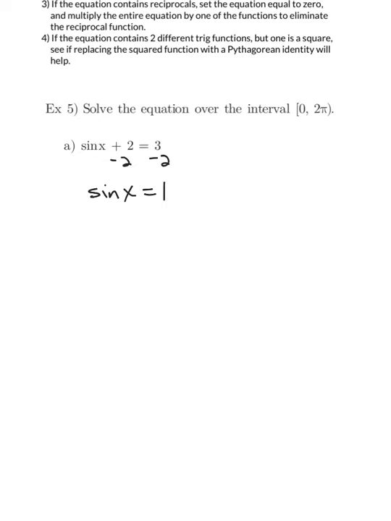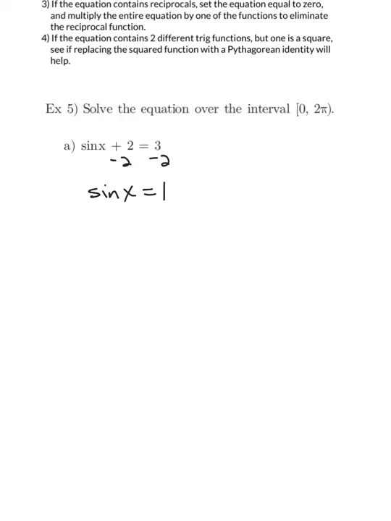Once you have the sine of x or the sine of theta, whatever they are using for the argument, the function equals a number. You are now ready to write your answer. Your answer always gets written as argument equals because you're saying what angle gives us a sine value of 1.